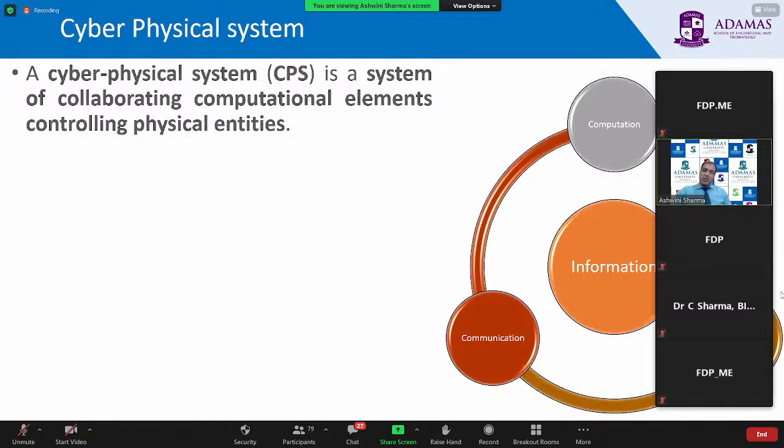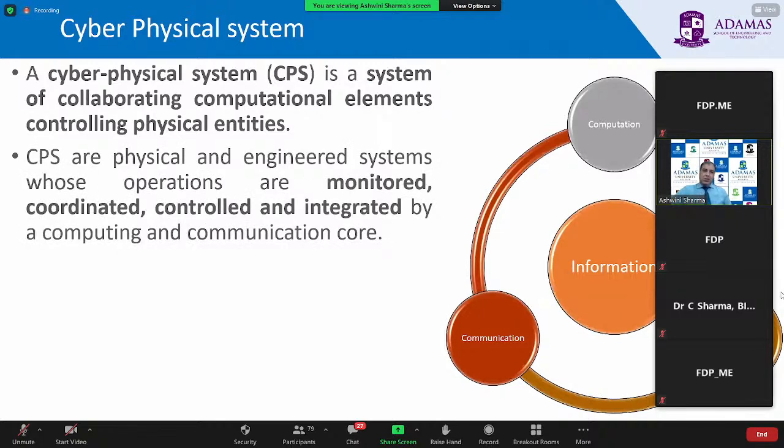Computational elements means your computer is actually controlling something physical, maybe a machine, maybe a system, maybe a factory. It's abbreviated as CPS. Operations are monitored, coordinated, controlled, and integrated. These are the 4 functions which are done in real time, which is very difficult on a manual basis.